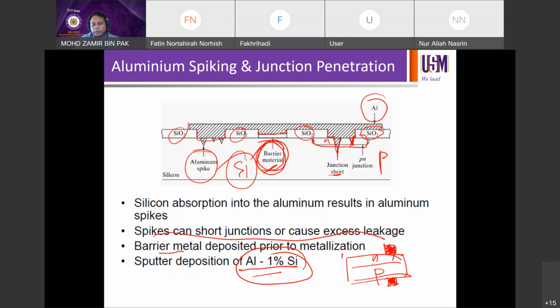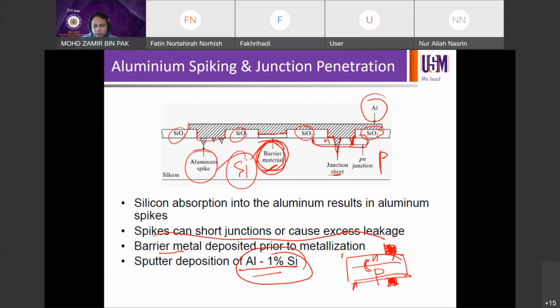So electrically, the contacts on the N side will only interact with the carriers or the semiconductor on the N side. And the same thing is also applicable for the P side. The metal contact on the P side is supposed to interact with the semiconductor or the carriers in the P-type, right?